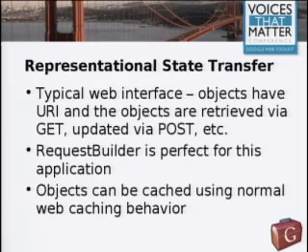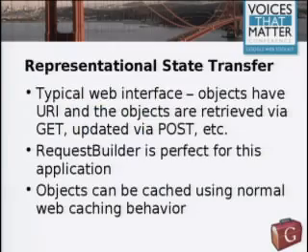It will link to other HTML pages, etc. Whereas with a JSON interface you'll have a URL that performs some action as an RPC call or something like that. With REST, generally the URLs are objects and nouns, and then you'll do get to retrieve them, post to update them, put to create new ones, etc., using the regular HTTP. Request Builder allows us to handle this pretty well.